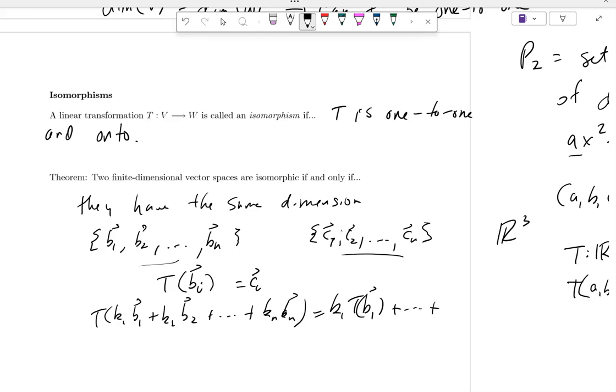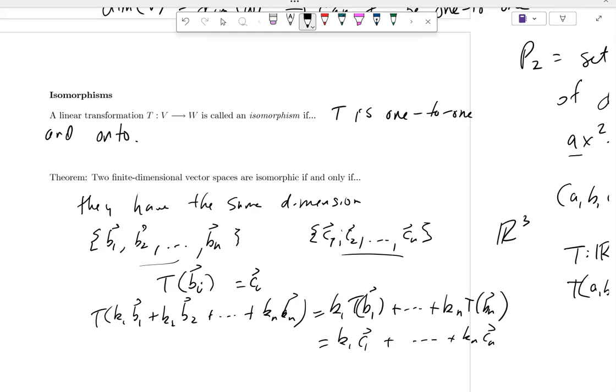We've talked about this before, haven't we? Once I know what the transformation does to the basis, I know what it does completely, correct? That's the whole point of this. And so you'd have k1 c1 all the way out to kn cn. All I've done is, what have I done?